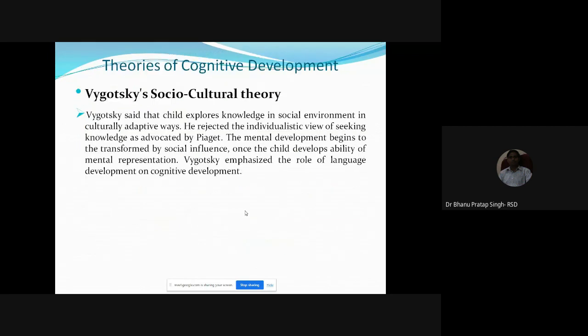Next, the theory we have also learned about is Vygotsky's socio-cultural theory. Vygotsky said the child explores knowledge in a social environment, in culturally adaptive ways. Vygotsky rejected the individualistic view of seeking knowledge as adopted by Piaget.